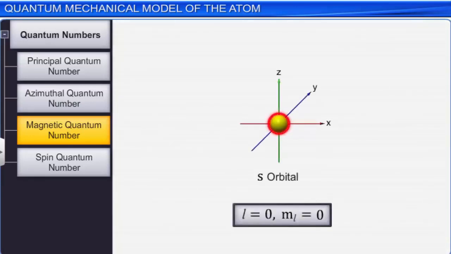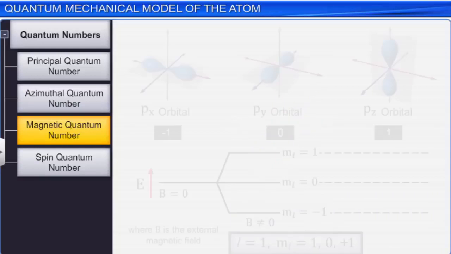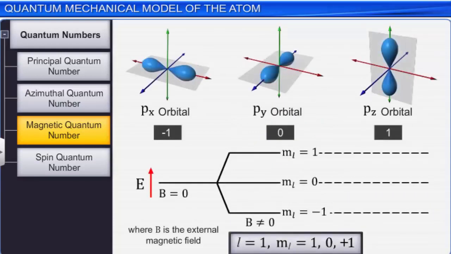Thus, S subshell can have only one orientation in space and only one orbital. For L is equal to 1, the P subshell can have a maximum of 3 orbitals with orientations along the 3 axes.